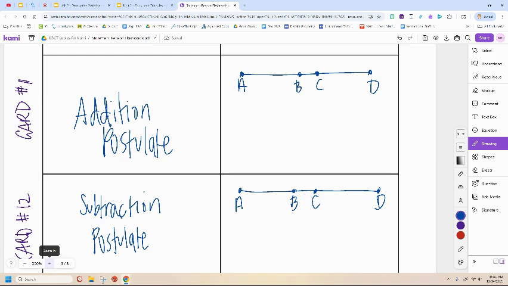All right, everybody got the pictures done? Okay, good. So in this one, the addition one, we are given that AB is congruent to CD.